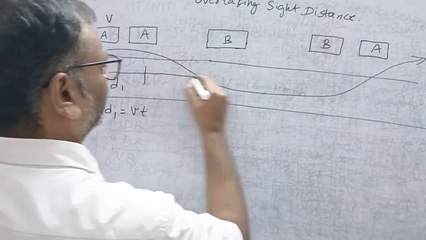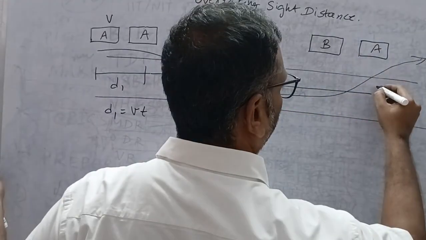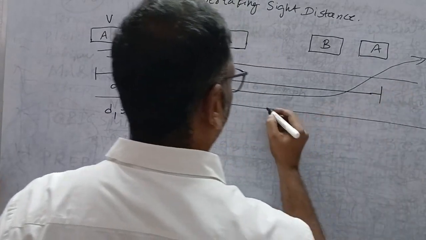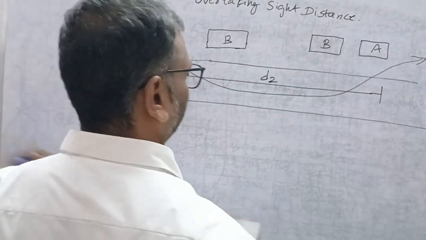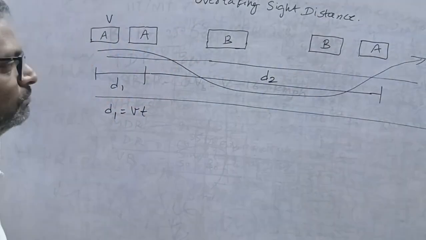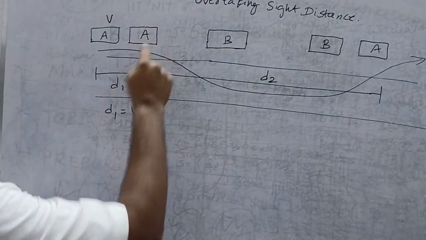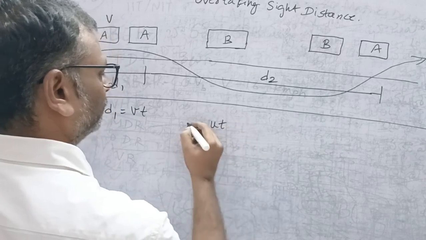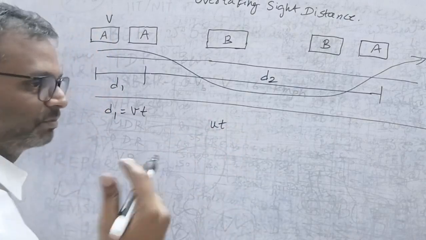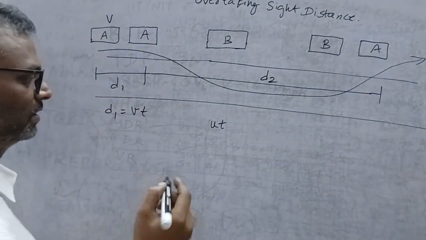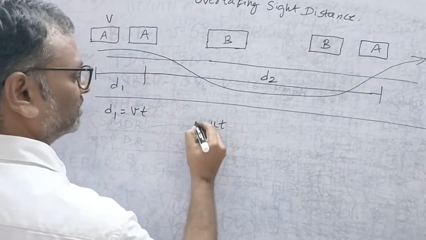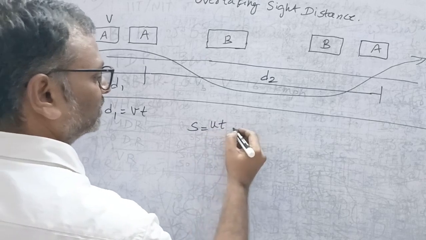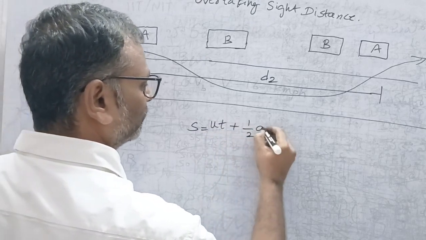From here to here, the distance, suppose say d2. So the initial speed of this vehicle, if you remember the formula from your past, maybe 10th or inter, you will know: s is equal to ut plus half at square.